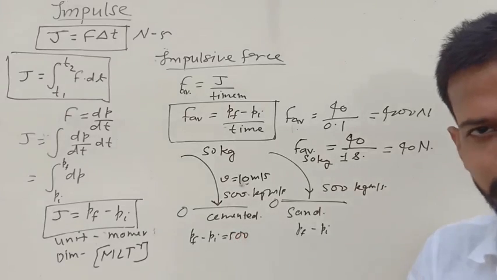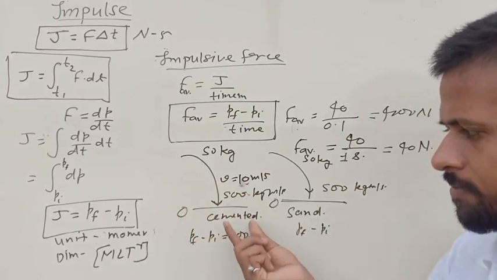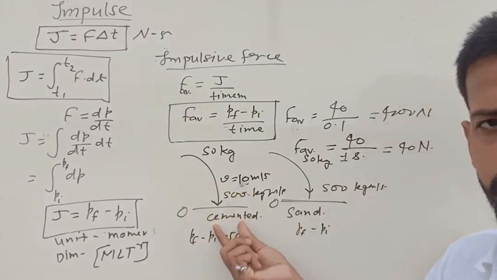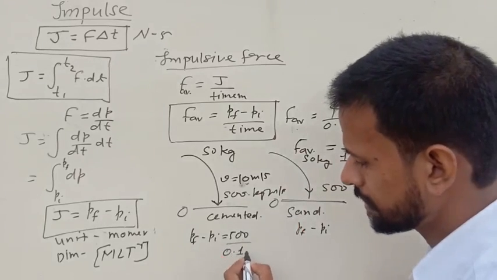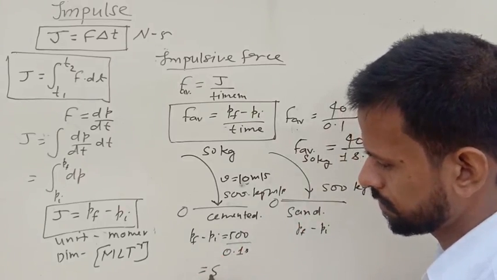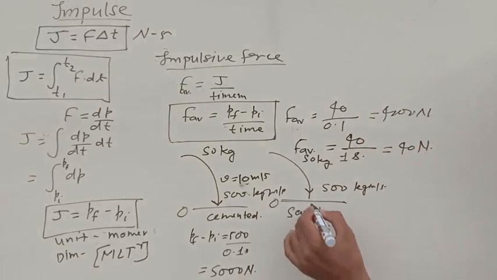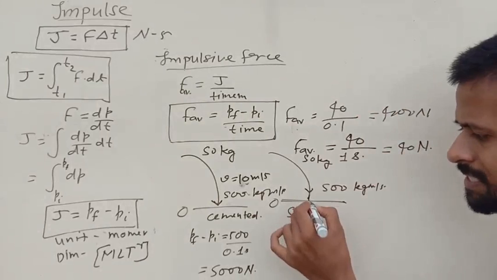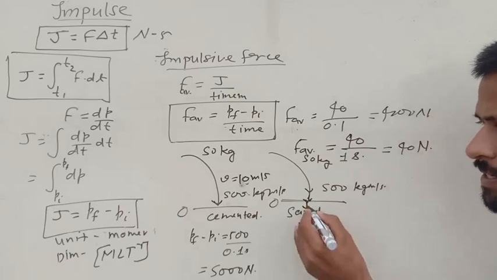The cemented surface is so hard and it will take less time to change the momentum from 500 to 0. Suppose this is 0.1 second. So force is 5000 Newton.